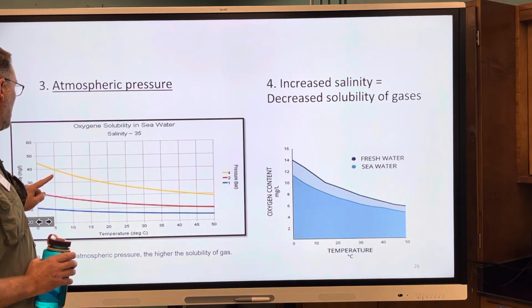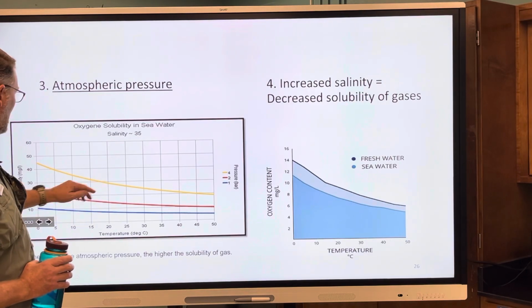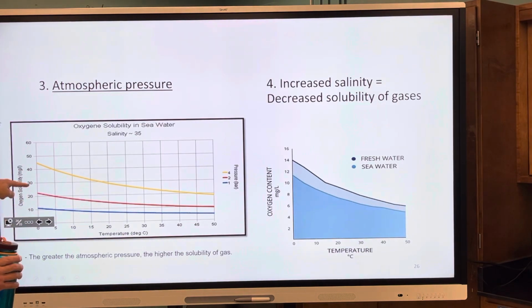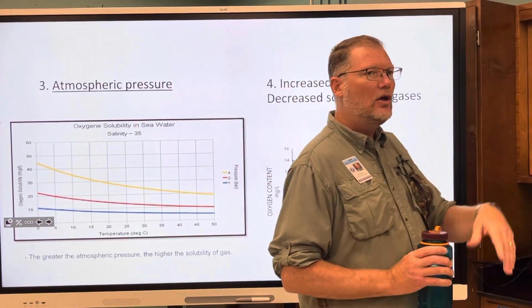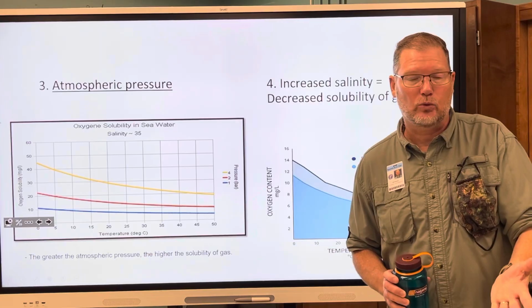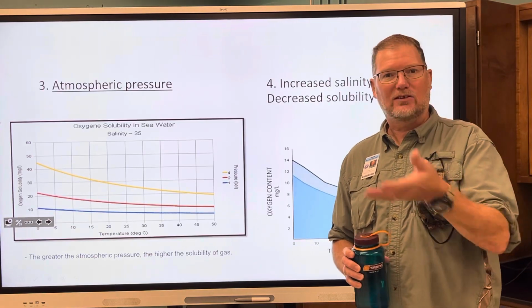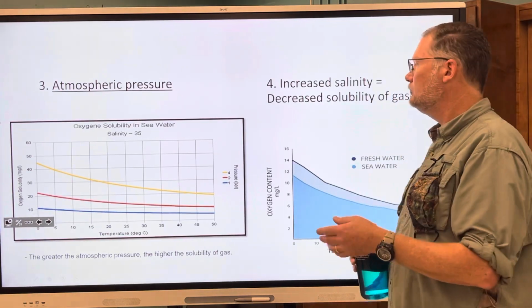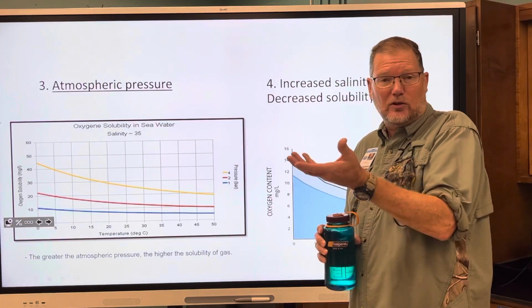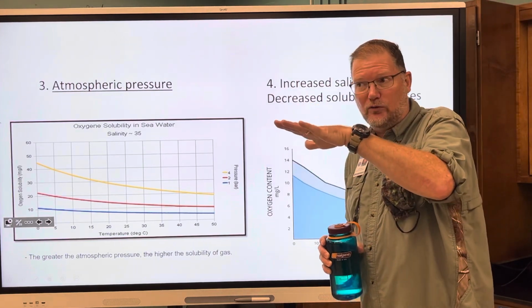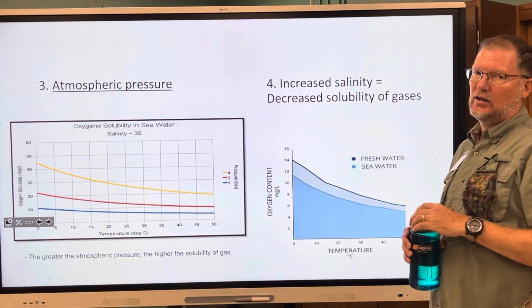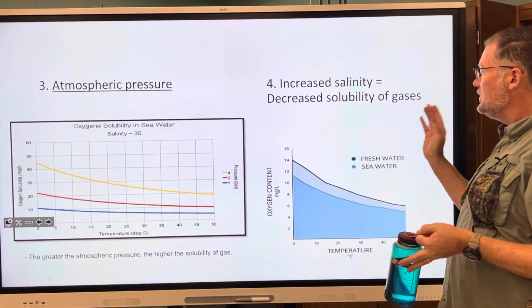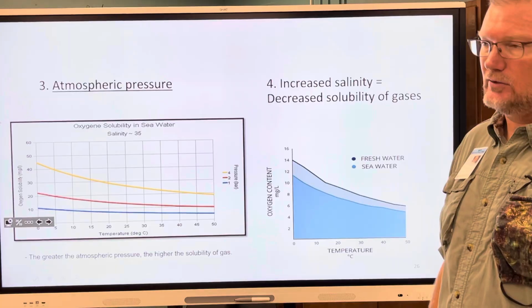As the atmospheric pressure increases, the solubility increases, okay? That's because it's pushing down more on the water, so it's going to be in more contact with the water, and more gas can enter the water. It's also going to prevent gas from escaping the surface of the water if there's more atmospheric pressure pushing down.